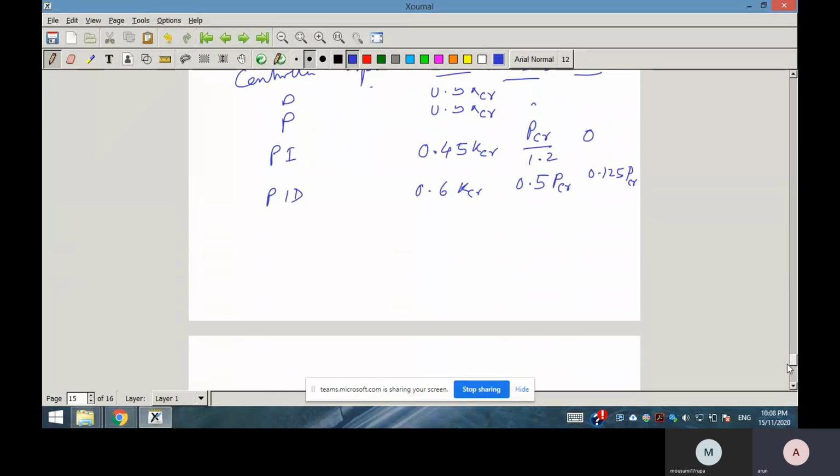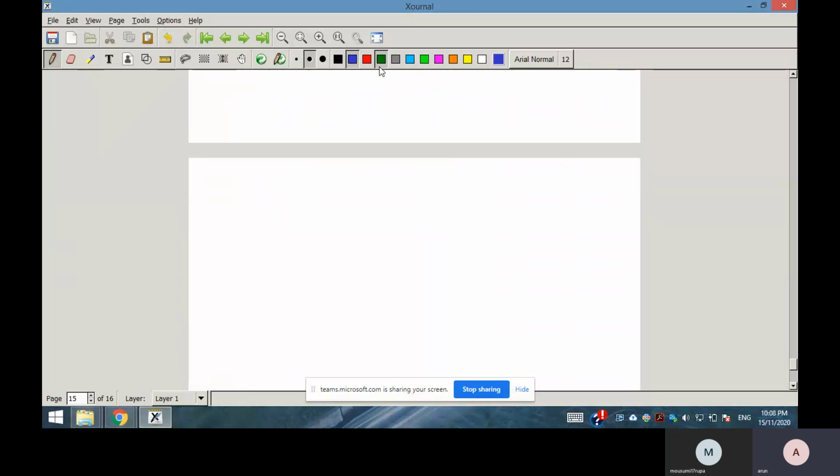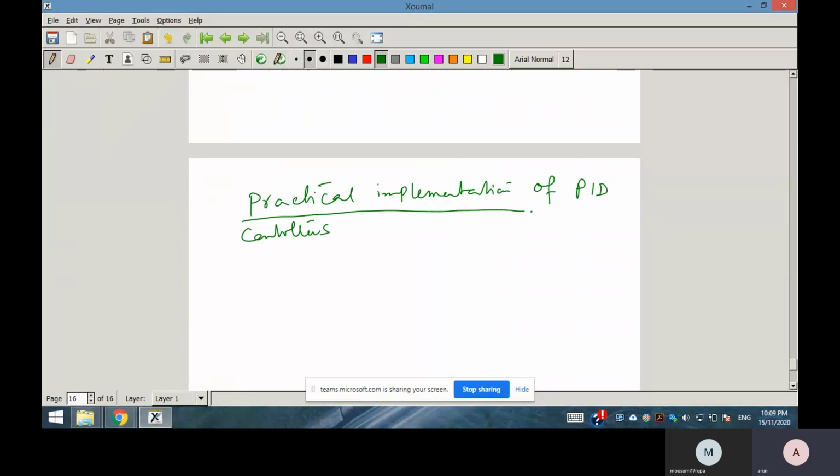So, practical implementation of PID controllers. How will you implement a PID controller in practice? Because the implementation problem arises because of this KDS.